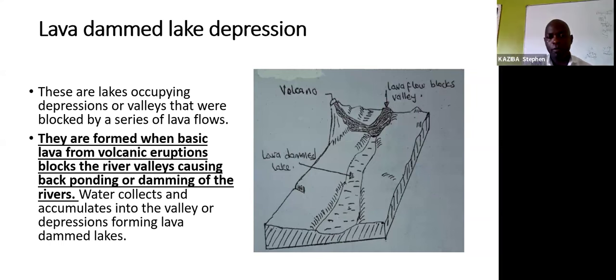Don't just draw a diagram without any labeling. For example, like you see that one, it has lava flows, blocking the valley, then lava dammed lakes. But make sure you do that at a very fast speed. Yes, with theories try to be very fast. You have to work very hard and work very fast.